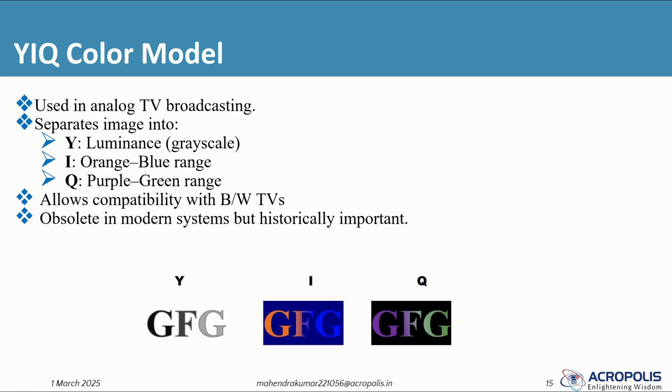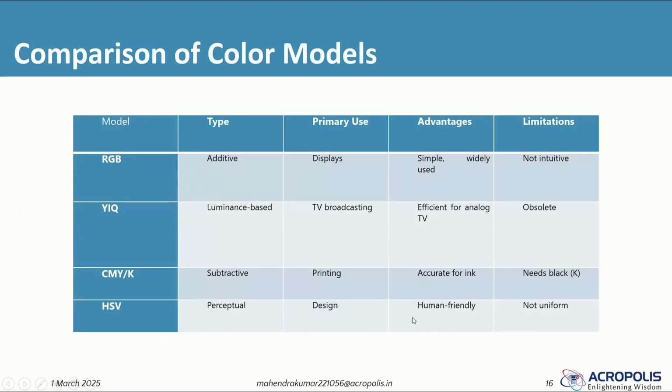This model was designed so that black and white TVs could still display part of the signal using just the Y component. It's mostly historical now, but it was crucial in early broadcasting. Here Y is just showing gray, while I and Q collectively carry the color details, as you can see in the image here.